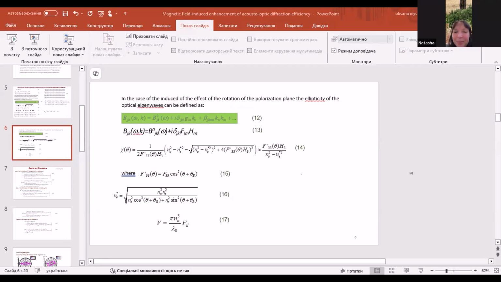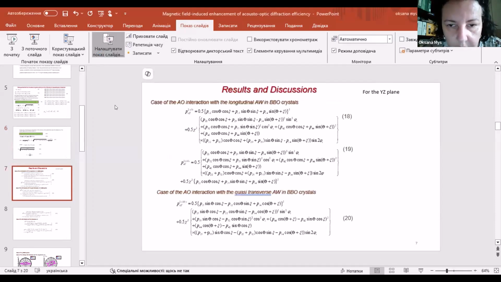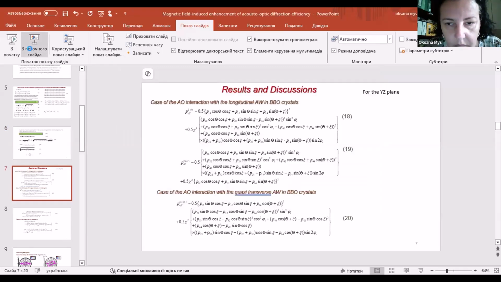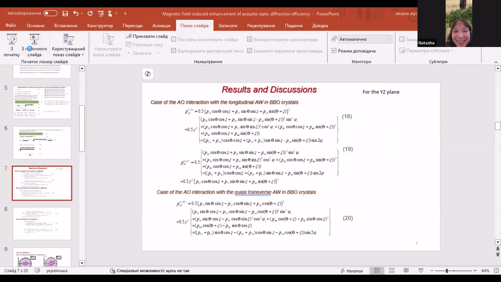One moment. Can you see? Oh, it's still the same. Slide number 7.